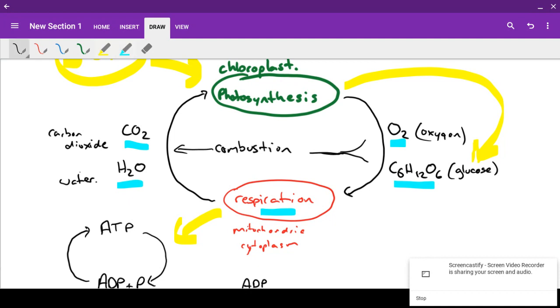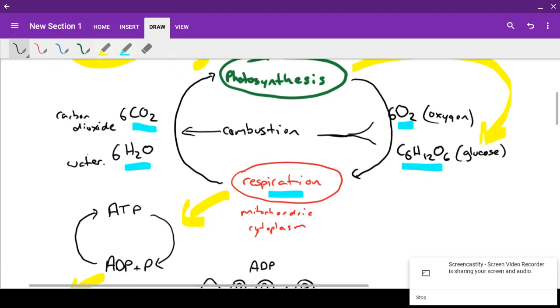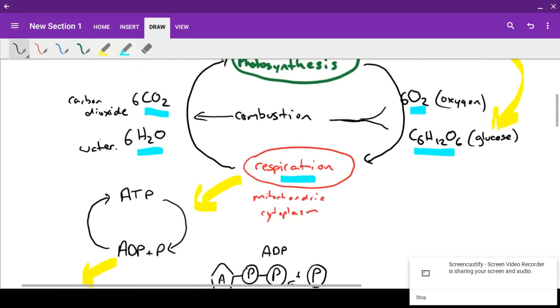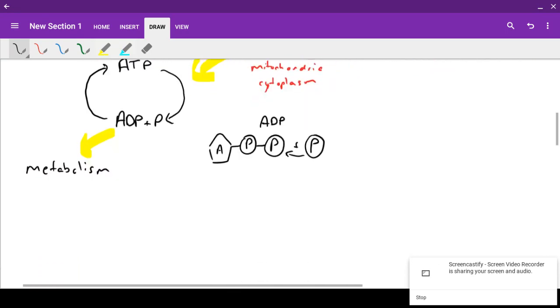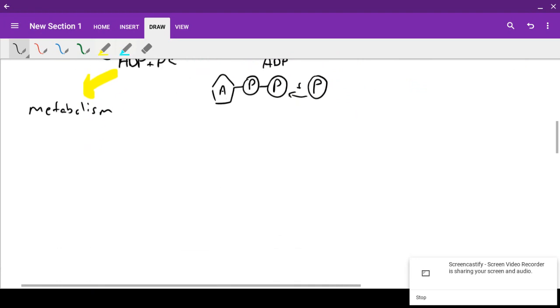And to have a balanced equation, we should probably add a 6 here and a 6 here and a 6 here. And that's going to give us equal numbers of carbons, oxygens, and hydrogens on each end of that equation. So I'm just going to scroll down here and write the equation for respiration.